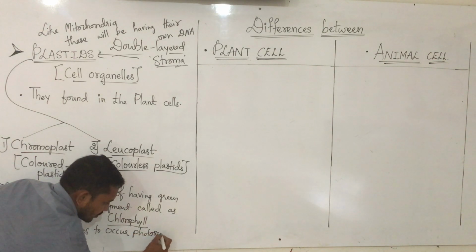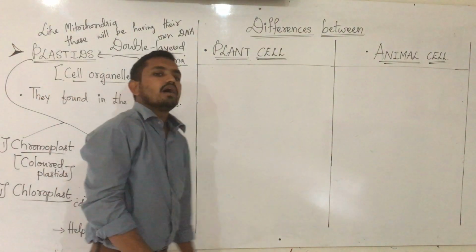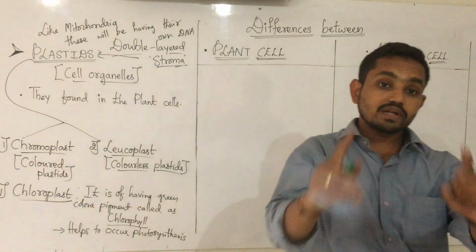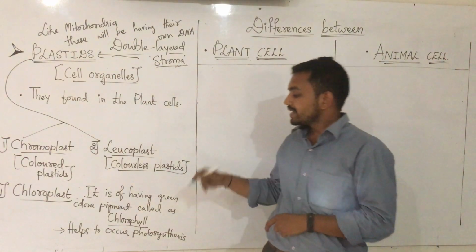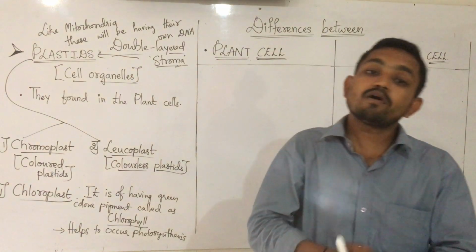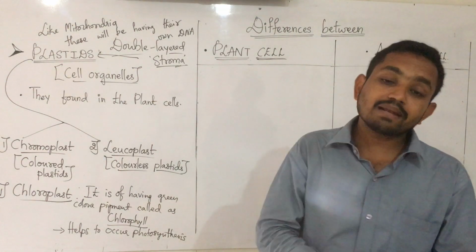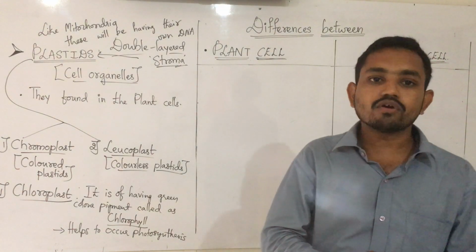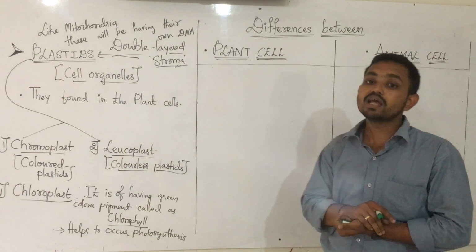Photosynthesis is an important physiological process which takes place in green plants, the autotrophs. With the help of sunlight, chlorophyll pigment and carbon dioxide, green plants prepare their own food. Chlorophyll is a pigment found inside the chloroplast.